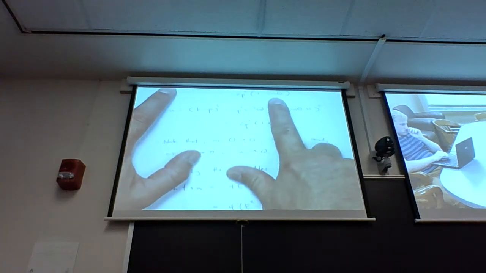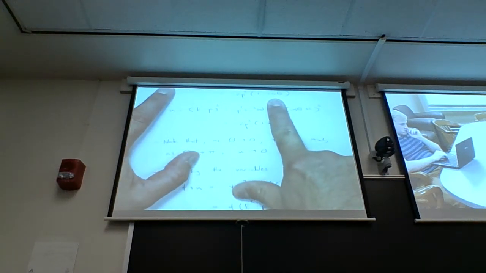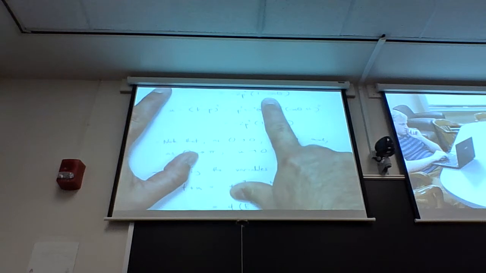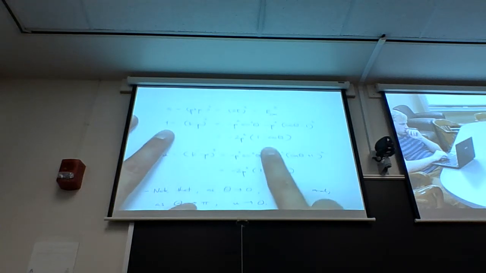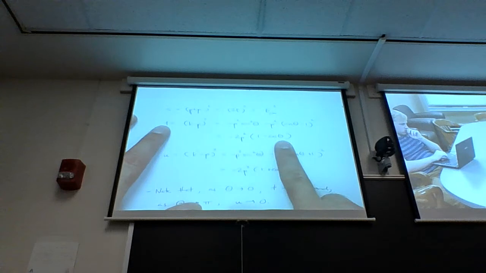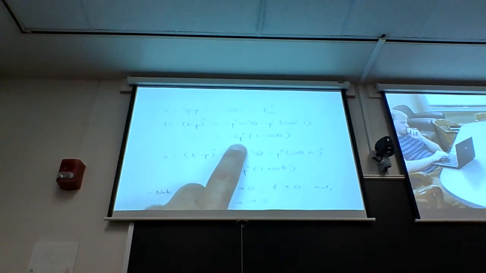Likewise, you can compute T and U, and you find that they have these forms. You can see what I was talking about earlier, when I said that a lot of times you can exchange the integration over theta with an integration over t, just using this relation. And this p squared is the four-momentum squared.